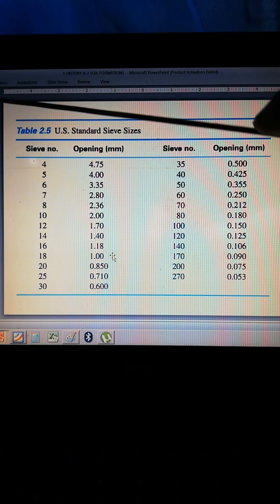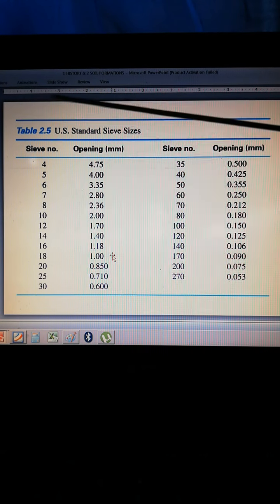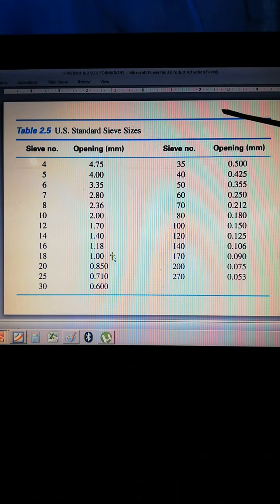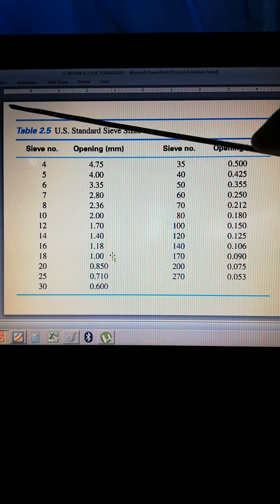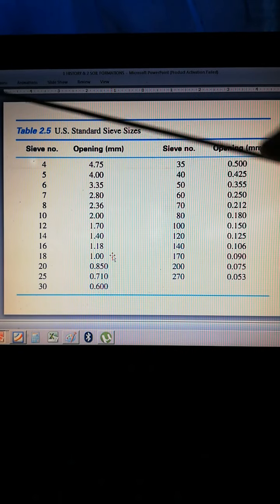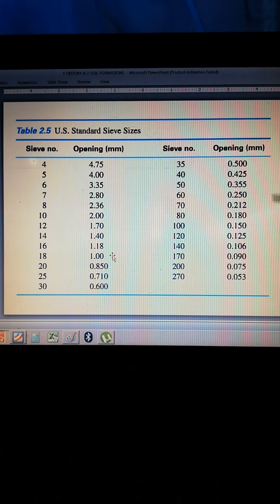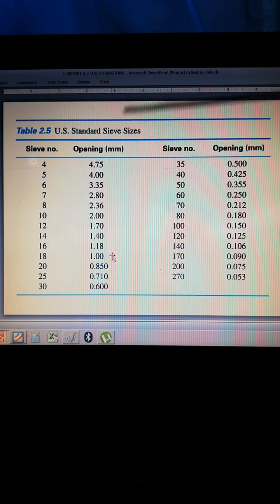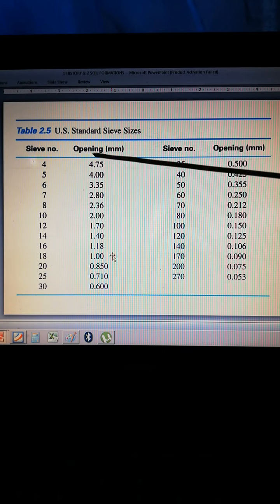So instead of having the dimension as the diameter, or the longest distance from a corner to the opposite corner, we cannot make it as a diameter. So it is better to imagine a circle made here inside this square than take the diameter that way or that way. So that is the opening in mm.